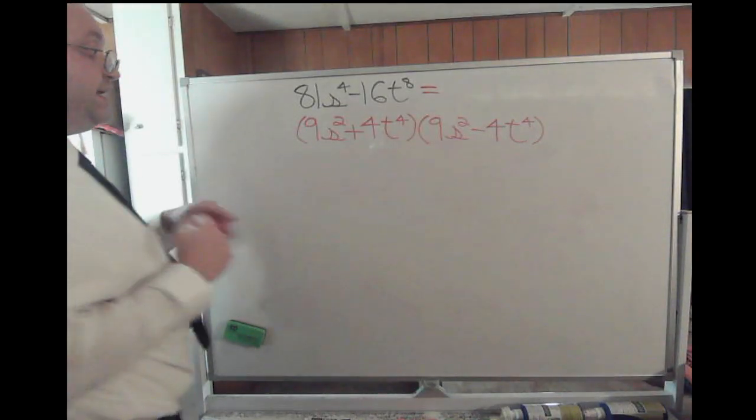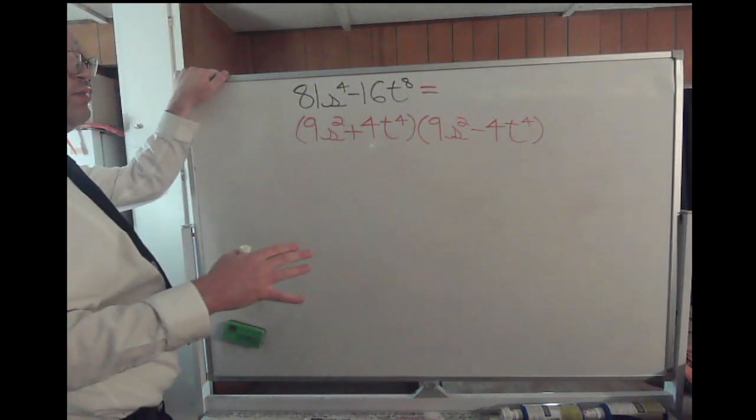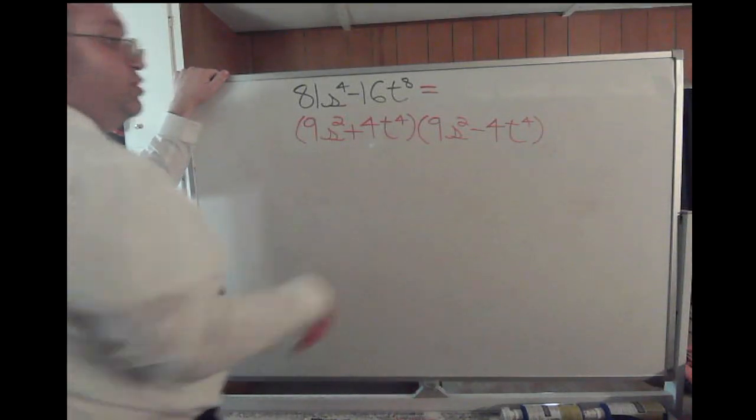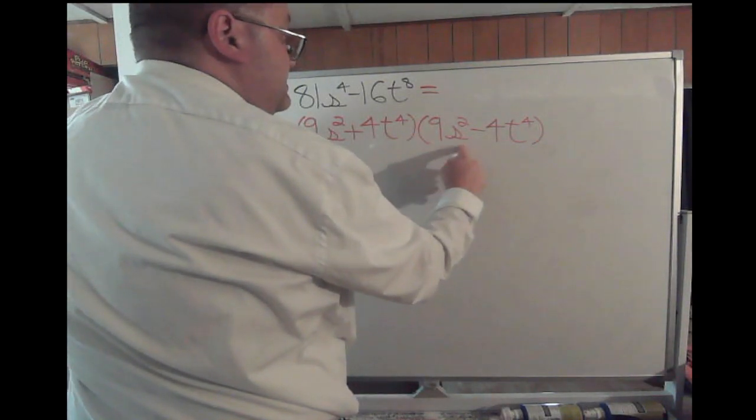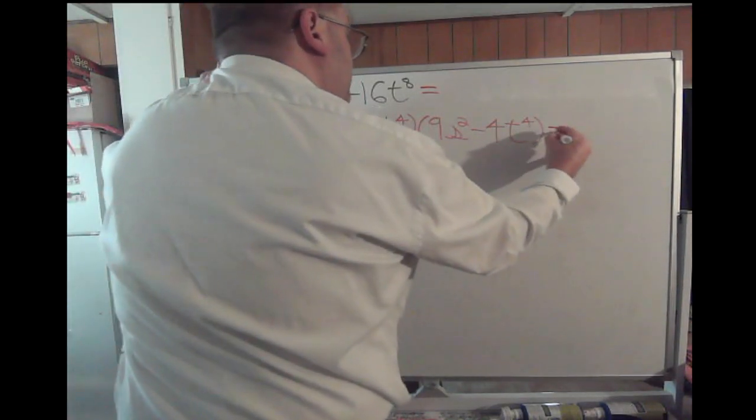Well, we clearly can't factor 9s to the second plus 4t to the fourth anymore. We certainly can't do that. But we can definitely factor 9s to the second minus 4t to the fourth. So let's go ahead and do just that here.